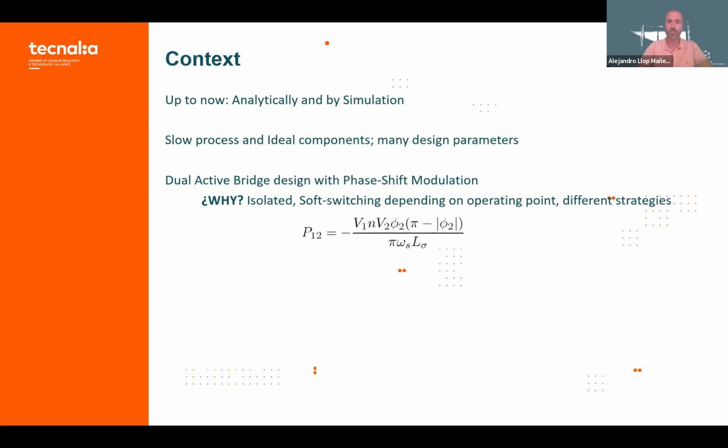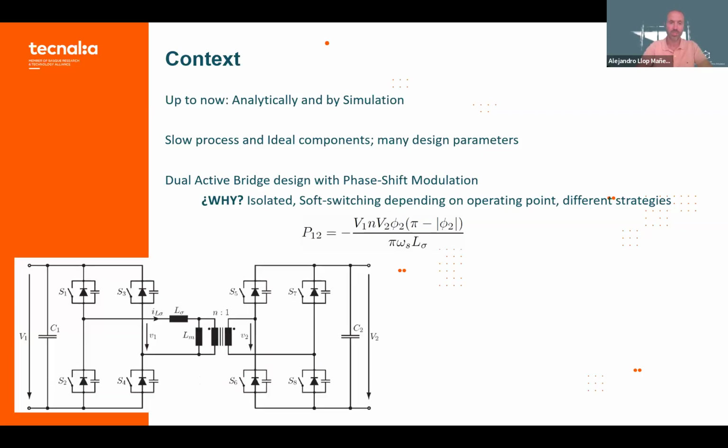In this case, I'm picking a dual active bridge as an example for this solution, which makes use of the phase shift modulation. Why? Because it has many degrees of freedom since it is isolated. Its soft switching depends on the operating point, and many different modulation strategies can be applied to this topology.